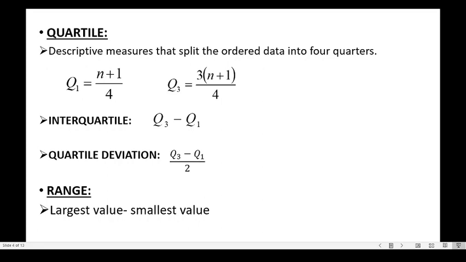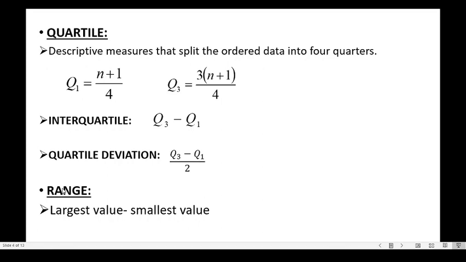That is Q3. Alright. After that, to calculate the interquartile range, we use the Q3 and Q1 that you already identified from the first formula. You just subtract to get the difference. Meanwhile, for quartile deviation, you subtract Q1 from Q3 and then divide by 2. That is the direct calculation you need to know.